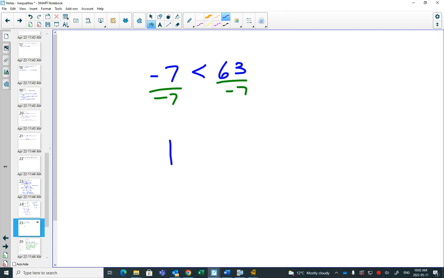What's 63 divided by negative 7? Negative 9. And now, 1 is bigger than negative 9. Notice the sign has to flip. When you divide by a negative, the sign has to flip. It's the only thing that makes sense.